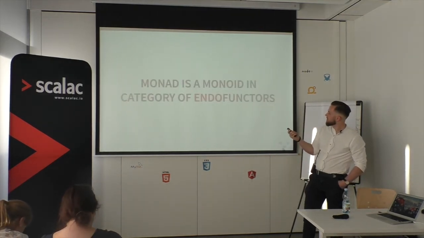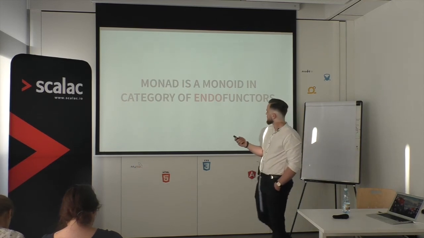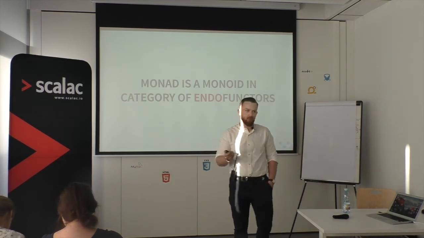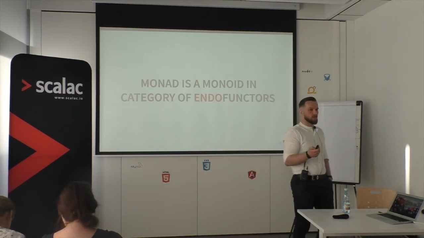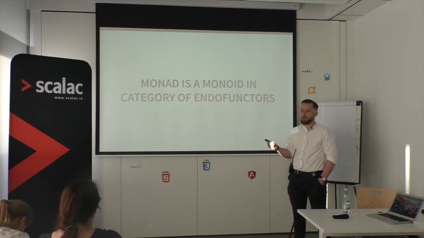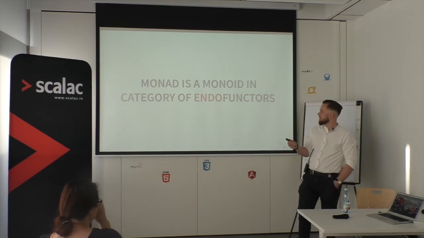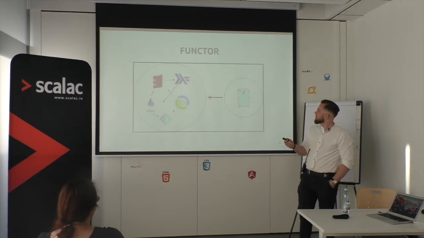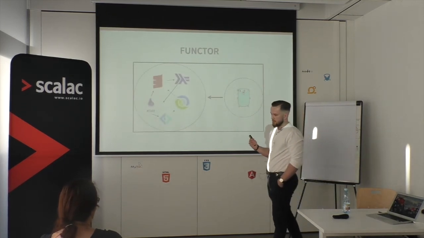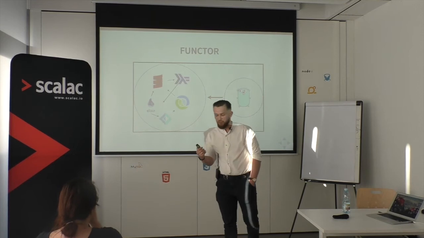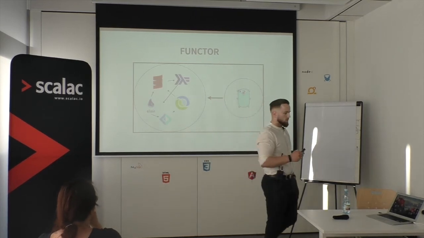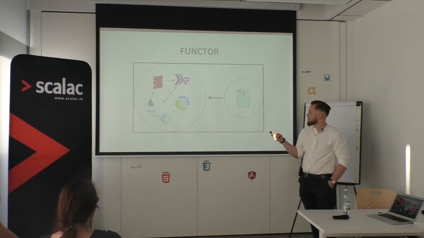Okay, let's go a little forward. So that's another part that I didn't understand. So what's the endofunctor? I knew the functor that we have seen. So the functor is basically a function, let's simplify it, from one category into another.